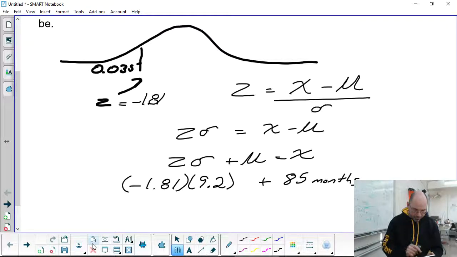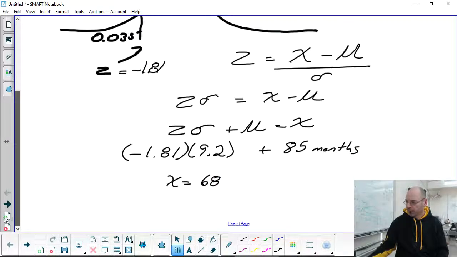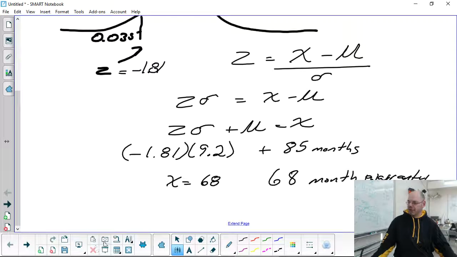We got negative 16.65 plus 85. I'm going to round it off. I get 68.36, so I'm going to go with 68 months. They should offer a 68-month guarantee or warranty. That means only 3.5% aren't going to make it to 68 months, which is that spot on the curve.